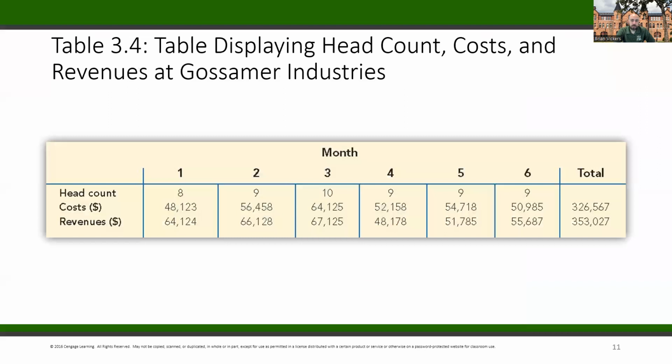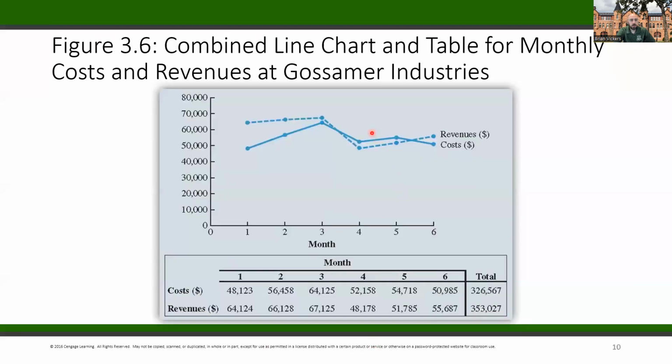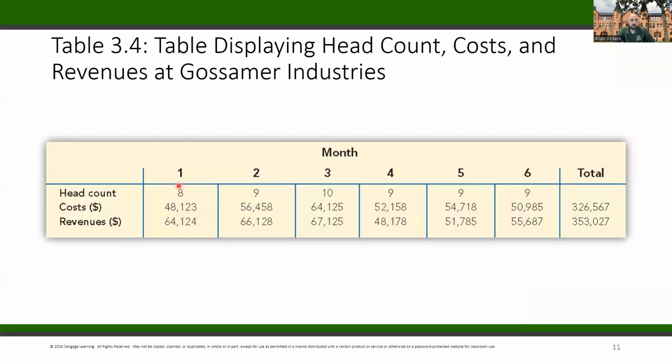Sometimes you'll have tables where you can't really chart it in a similar manner because the units of measurement aren't conducive to that. So what you have here is the head count, so how many people showed up or how many employees you had, or whatever the case was being represented, while the other things are in costs.